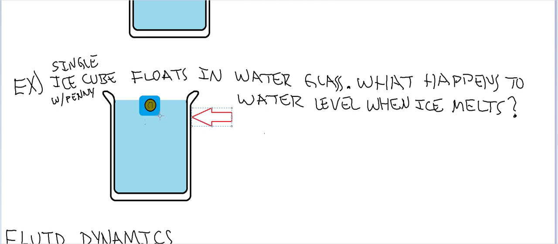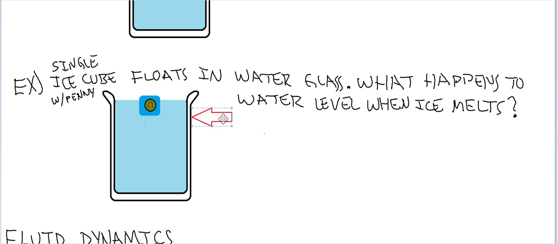But the water level goes down because when the penny sinks, it is only displacing its own volume of water. It is not displacing a weight of water equal to the weight of the penny. So, since the penny is more dense than the water, it is actually displacing less water when it sinks to the floor than when we were forcing it to float.